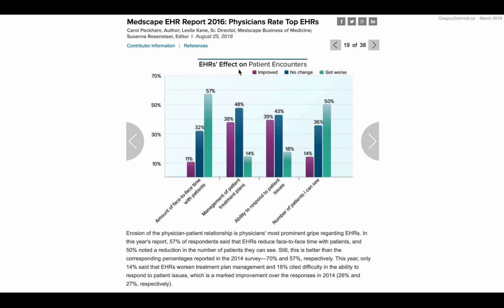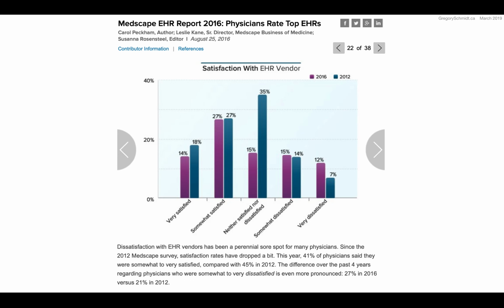The number of clinicians which say that an EHR has improved their face-to-face time with patients is 11%. Even something such as the management of treatment plans, which should certainly be better on an EHR system, only 38% agree with that statement. And then, of course, most prominent here under number of patients that a physician can see, the number has gotten worse through the introduction of the EHR system.